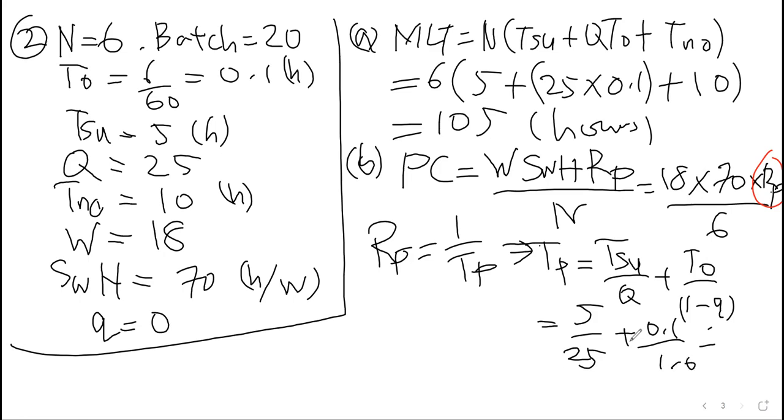So you can get the answer 0.3. So RP is 1 over 0.3, and you can get the answer 3.33.